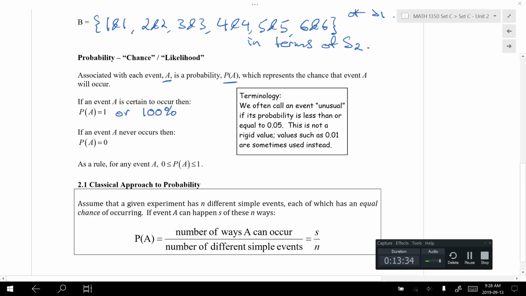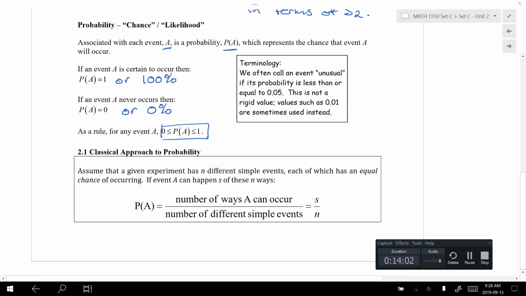If the event is never going to occur, then we can say its probability will be 0, or we might say 0%. As a rule, to be considered a probability, we need the P of A to be between 0 and 1 inclusive. I'm not sure what it means to have negative probability, and it doesn't make much sense to have probability greater than 1 either.